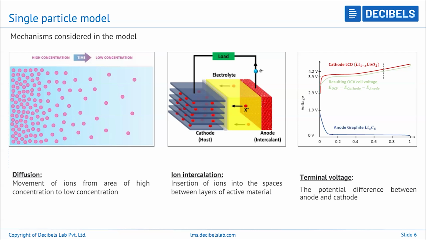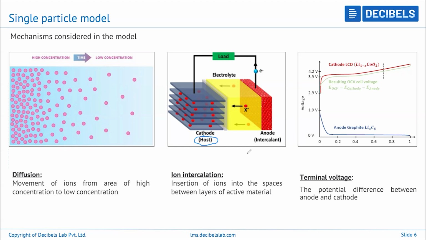Then intercalation. Intercalation is the process in which, when the ions are transferred from anode to cathode or cathode to anode, the ions have to sit somewhere, or they need a space in which they can be absorbed. And that space is usually provided within the host material. You can see it here, there is a label called host. The host material is the material which absorbs the ions, and when they get absorbed, that process is called intercalation.